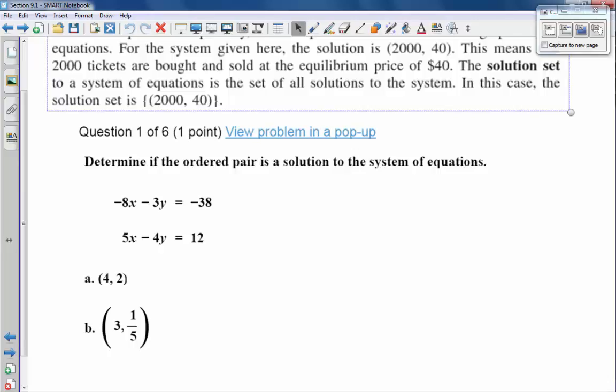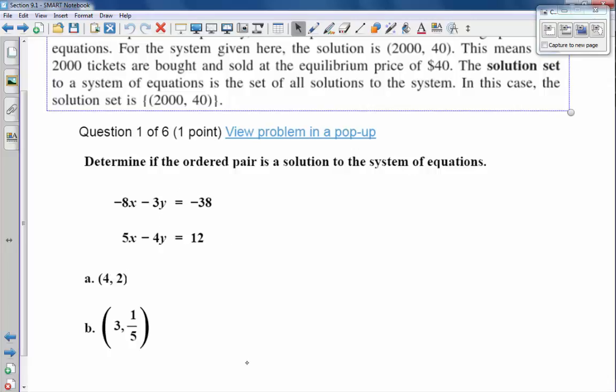If somebody says, let's sell 4 tickets, $2 each, or 3 tickets at $1/5 each. Would you trust it? How do you know it solves your demand and supply equations? How can you test this out? What? Plug it in. Right. The first number in the first component is for x. The second number in the second component is for y.